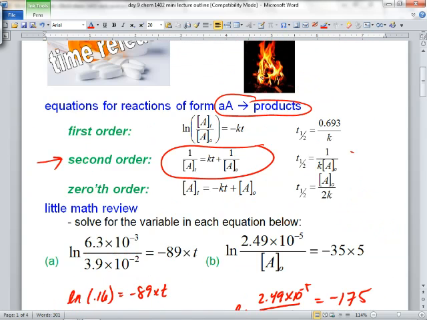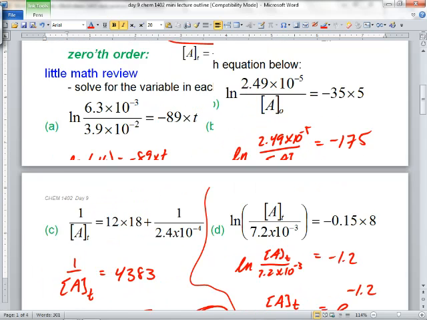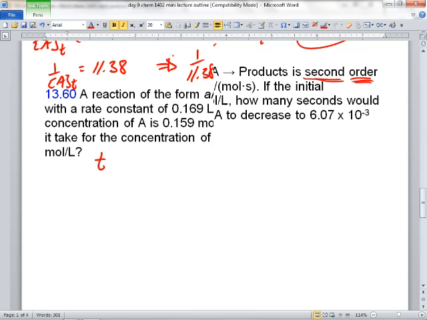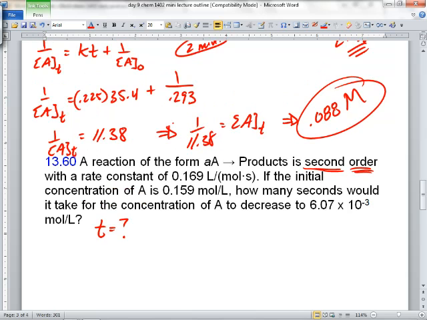Recognize there's a big difference between t and t one-half. Half-life is not t. So you can't use that one. It's going to be the same equation again. You know everything you need to find it, and everything's in there.